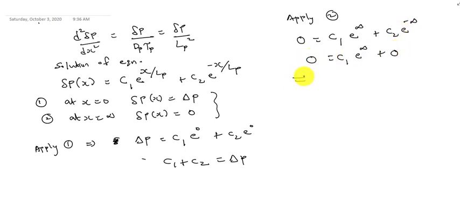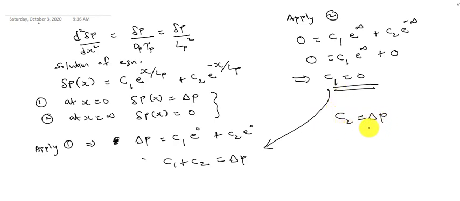This implies that C1 into e raised to infinity equals 0, meaning C1 equals 0. Applying this in C1 plus C2 equals delta p, since C1 is 0, C2 is equal to delta p.